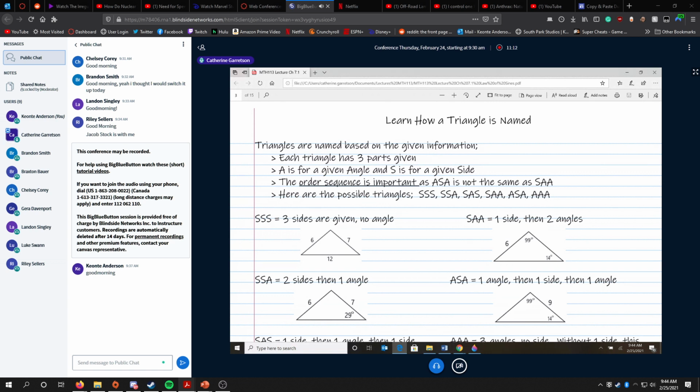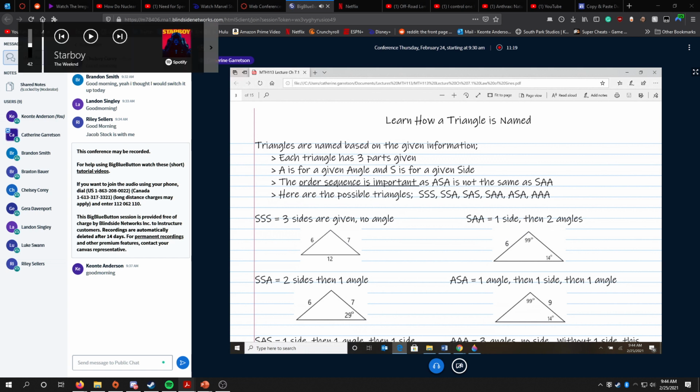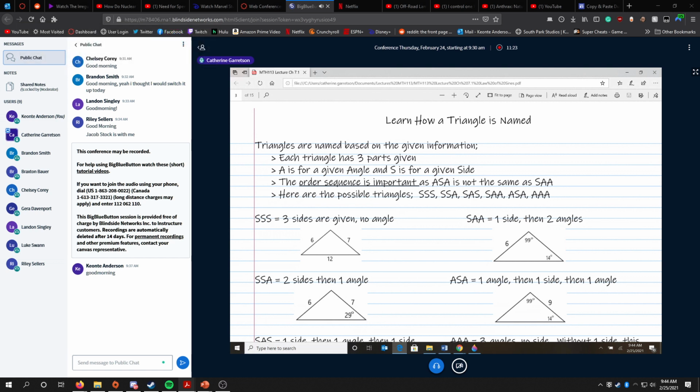Usually they're going to give you 3 pieces of information. Based upon the type of information and positionally how it is located within the triangle, we give it these possible names, where S represents a side and A represents an angle. And again, we're talking about the 3 parts that we were given.